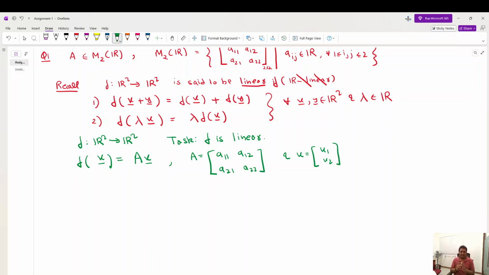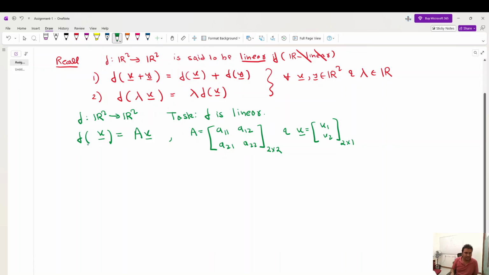It depends on how you write things, row wise or column wise, however you want to write. That's your decision. But note that if this is 2 cross 2 and you're multiplying it here, it should be 2 cross 1. That's why I have written 2 rows, 1 column in this column wise X. Okay.